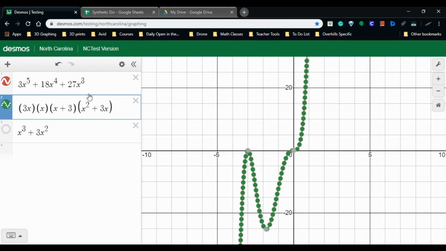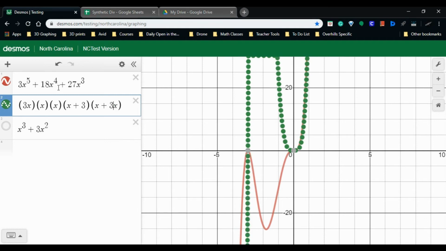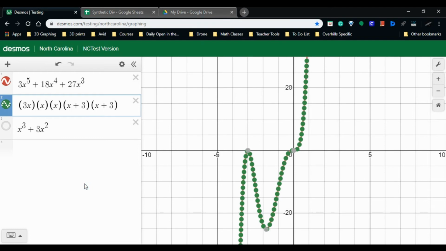And then you just continue whittling this down until finally you get this factored as far as you can go, at least within the real numbers. So now not only is this factored, but I also know all of my roots. I get 0, 0, 0, -3, -3.